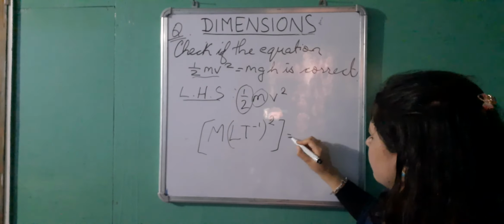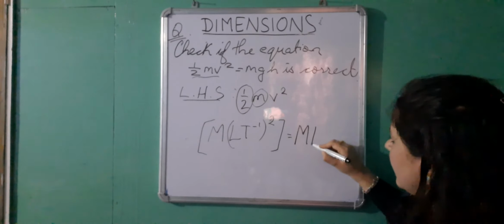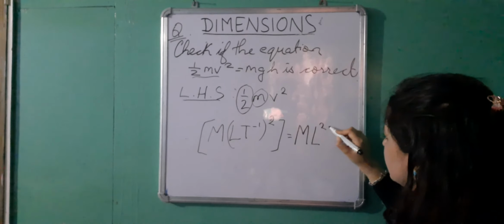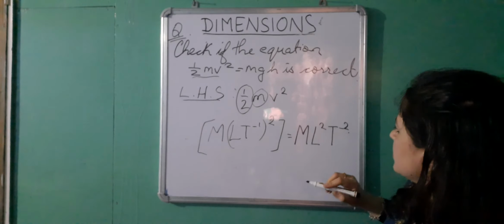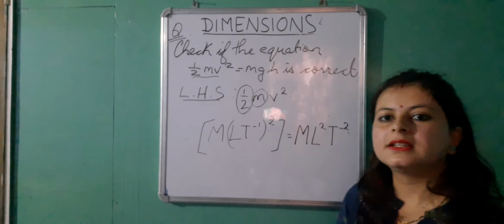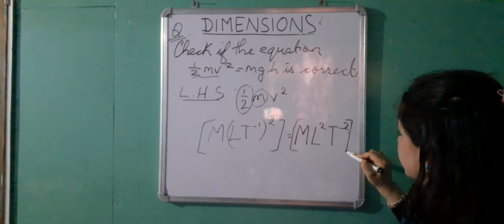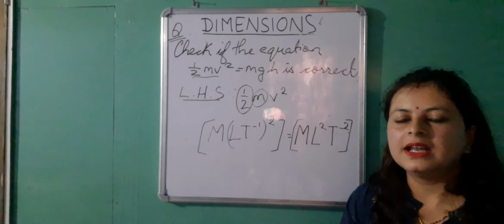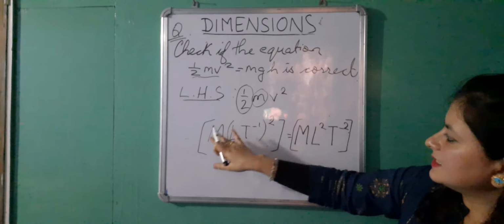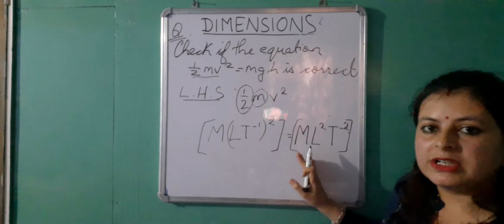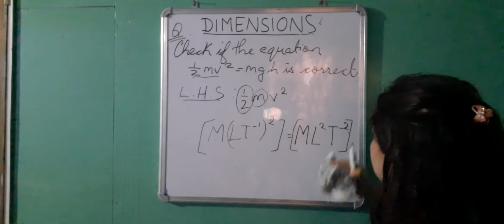Which can be written as M L square t to the power minus 2. So this is the dimensional formula for the physical quantity standing on the left hand side. We will do the same process and have a look at the dimensional formula for the same lying on the right hand side.